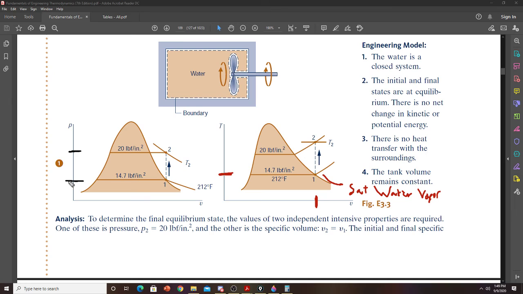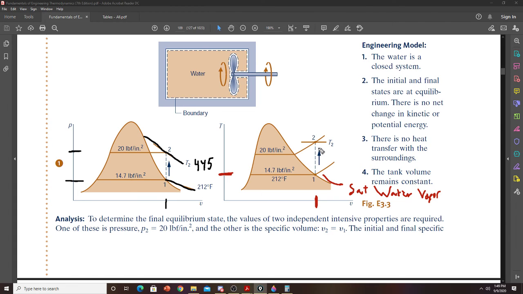So first, we go up because volume stays constant. And then we go to the 20 psi line because we know that's the final pressure. And we find this temperature. And remember, lines of constant temperature go down like this. So those are these two lines. So T2, which we remember was 445, is that line of constant temperature.